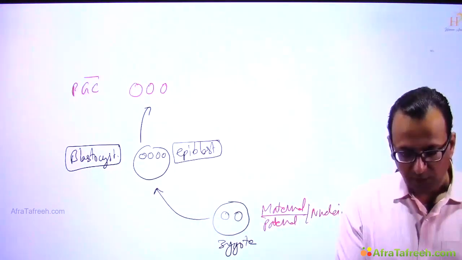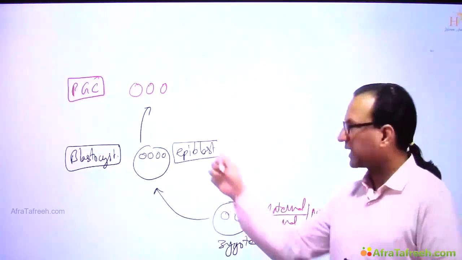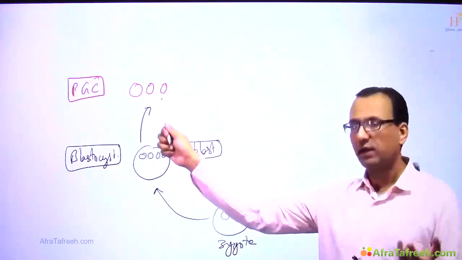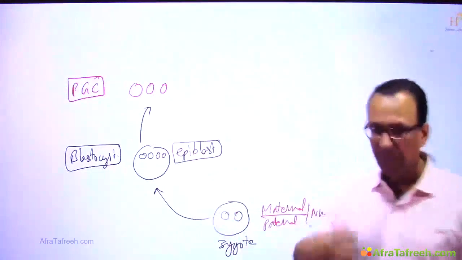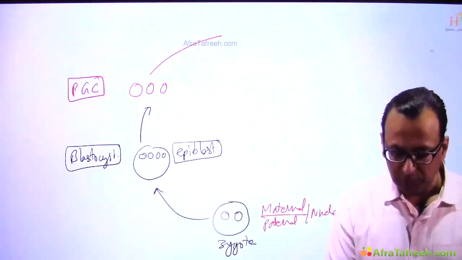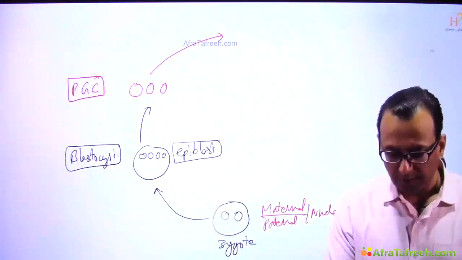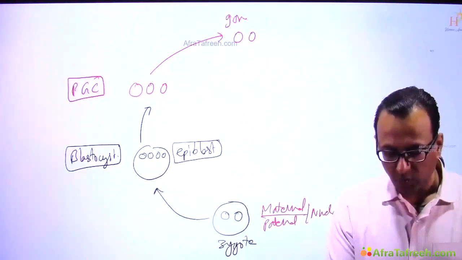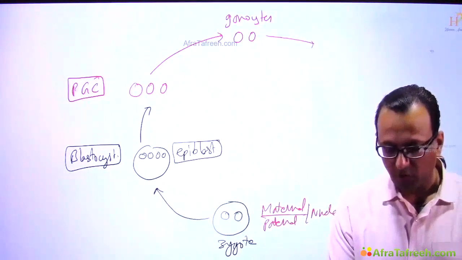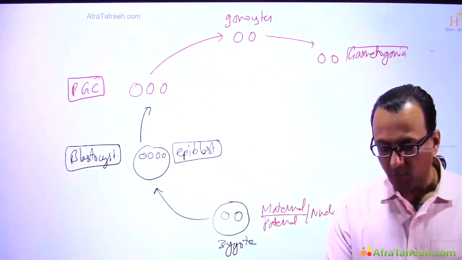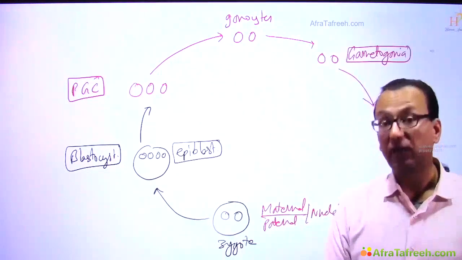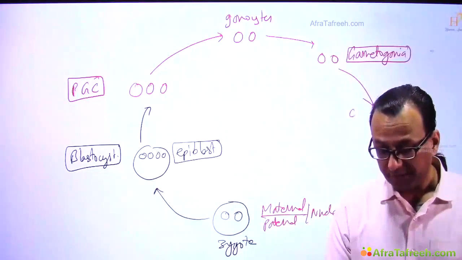Now, this primordial germ cell has the capacity to become male or female type of gametocyte. In the beginning, it will give us what is called as the gonocytes, and those gonocytes are going to become what is called as the gonia. You can say gametogonia, and that gametogonia can further give us the gametocyte.